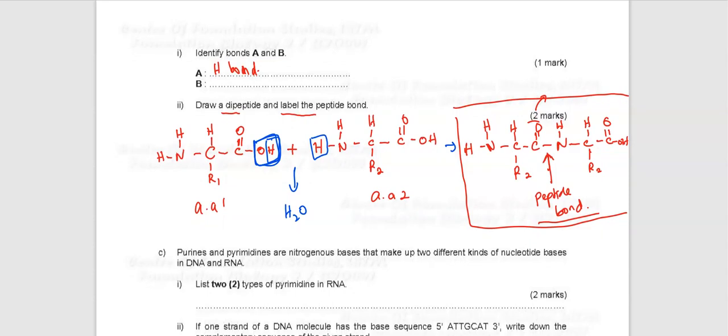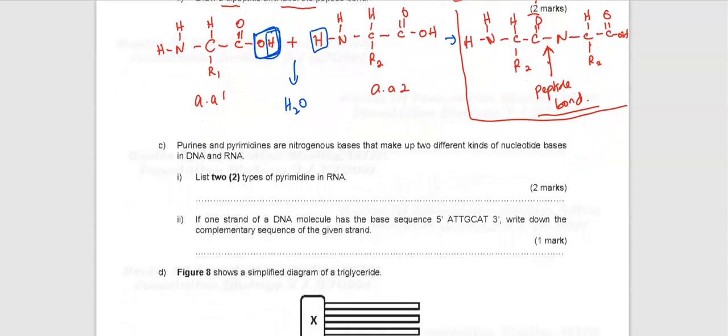If you were to draw it wrongly, for example, one atom is missing, let's say you forget to draw a hydrogen atom that is bonded to the nitrogen, you will lose 1 mark because your structure of the amino acid is wrong. So please check your amino acid structure properly after you have drawn the molecule.